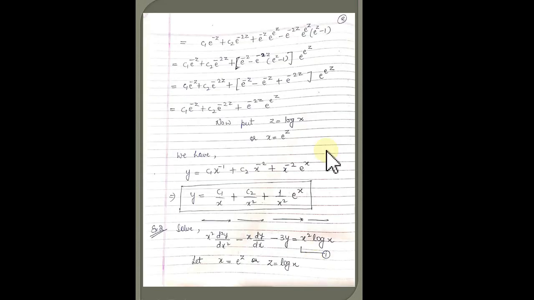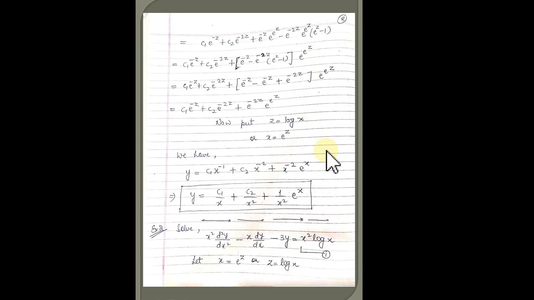Now in the last part, we are just adding these two parts, complementary function and particular integral, and after simplifying, we are getting the result in z variable. So in the last step, we have to put z equal to log x, or we can say in place of e raised to the power z, we will replace x.